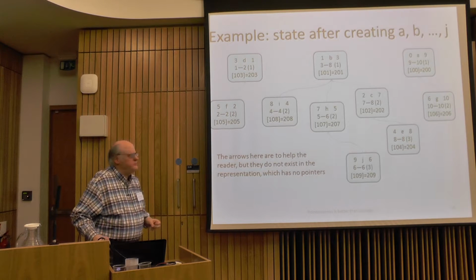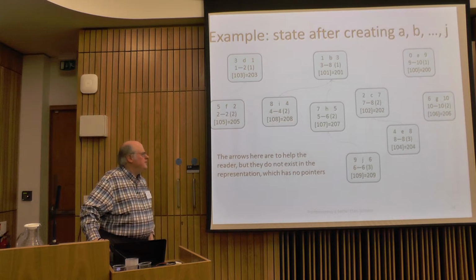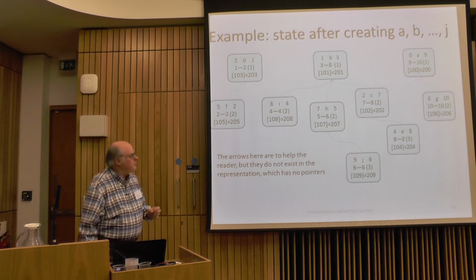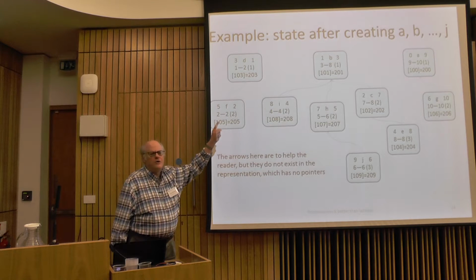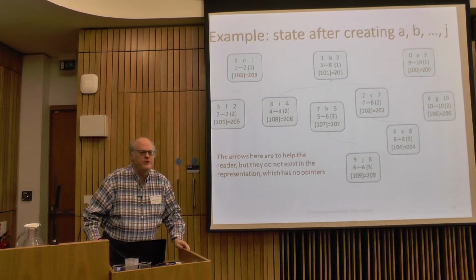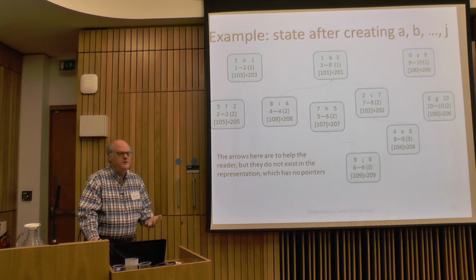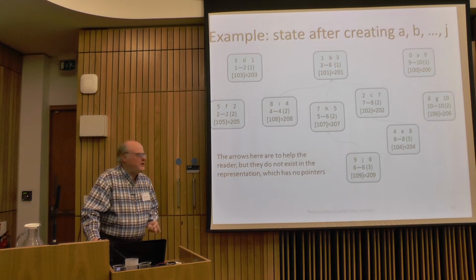Here's just a diagram. If anybody is interested, I have a number of examples that look sort of like this. The arrows there are not pointers. This is pointless. There is no pointer anywhere. But there are relationships among the cells that a human needs to know about to understand what's going on.